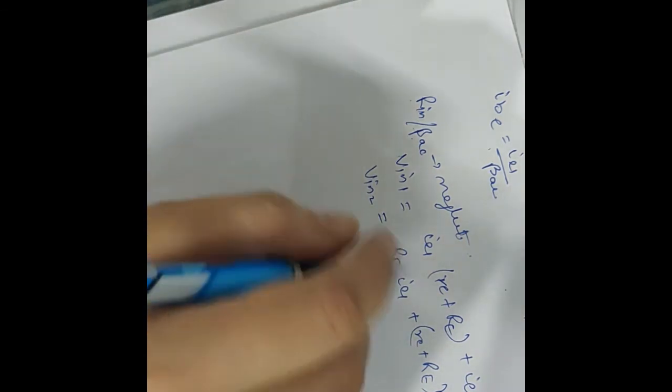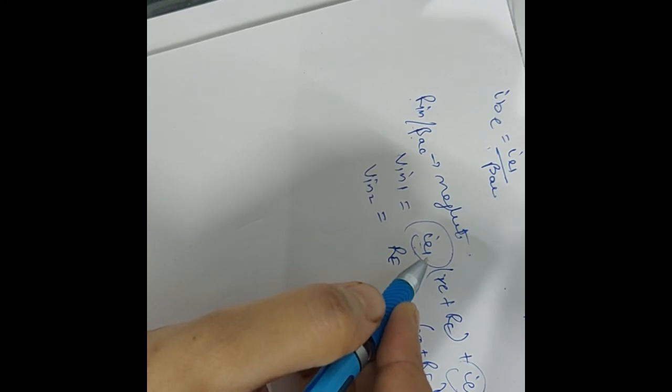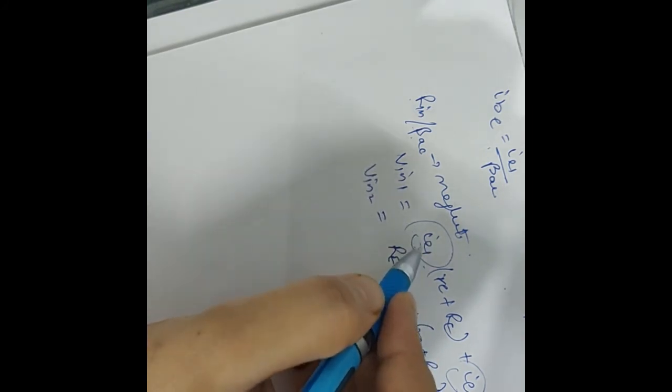These are the two equations which I have to solve, and I have to calculate the emitter values of IE1 and IE2.